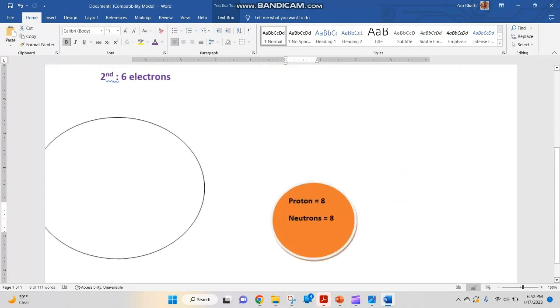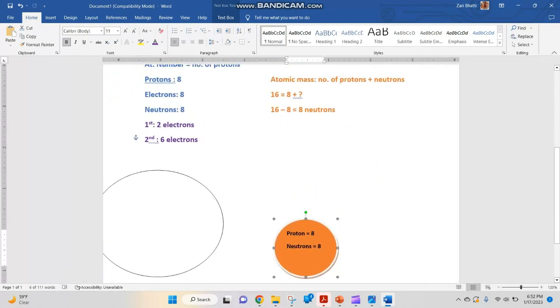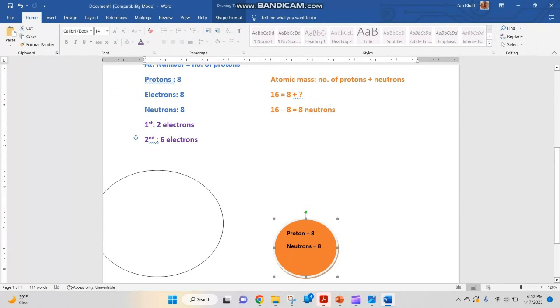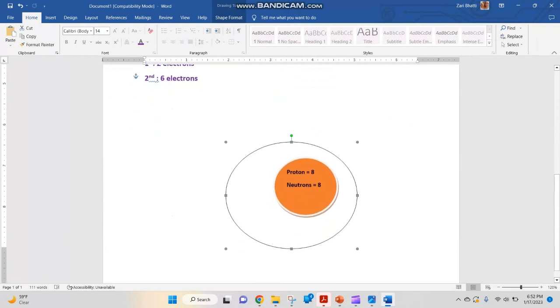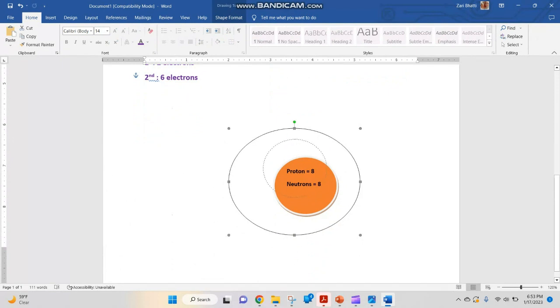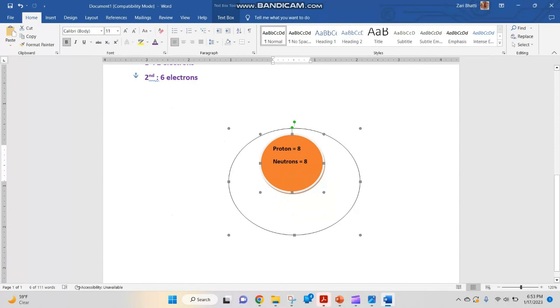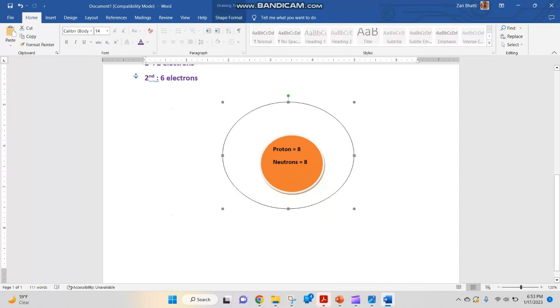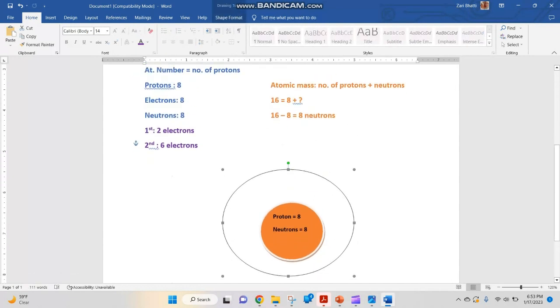I hope this works. Yes, it worked. Okay, so let me bring it a little up, so we can see how many electrons we are going to draw.